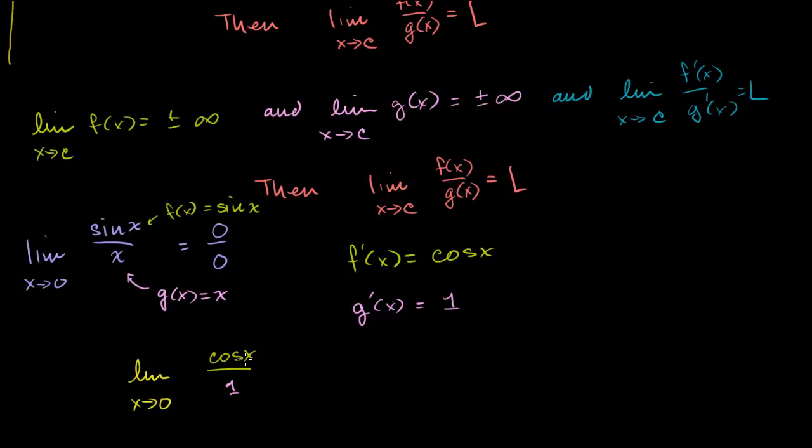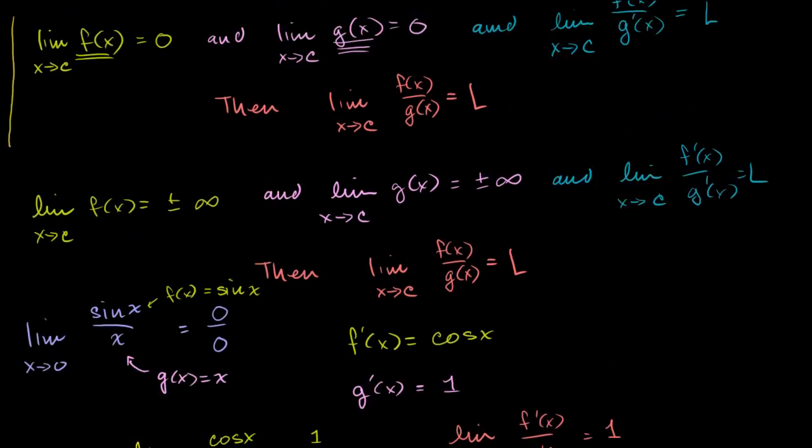Well, the limit as x approaches 0 of cosine of x is equal to 1. And obviously, the limit as x approaches 0 of 1 is also going to be equal to 1. So we just saw that the limit as x approaches 0, our c in this case, of f prime of x over g prime of x is equal to 1. This limit exists, and it equals 1.